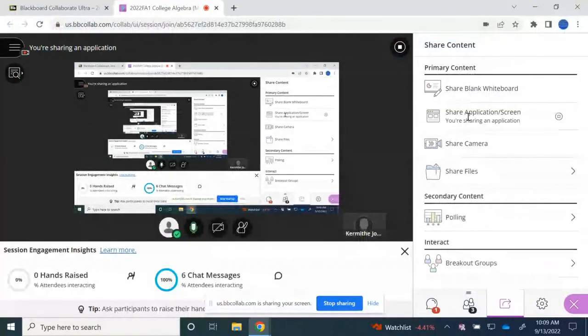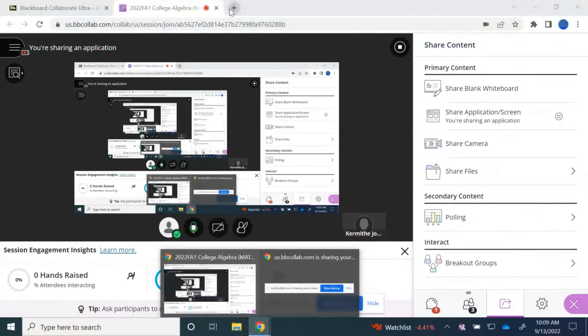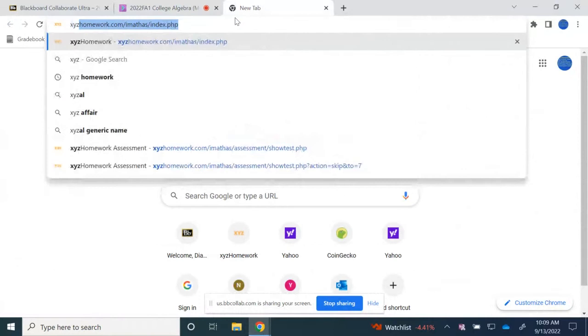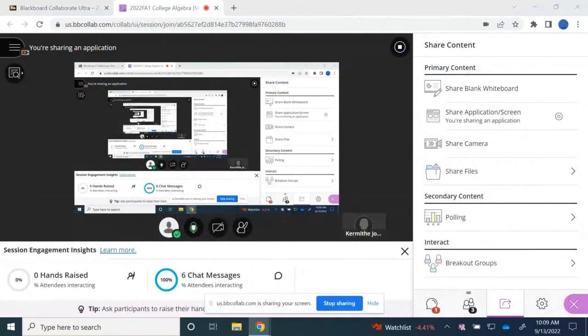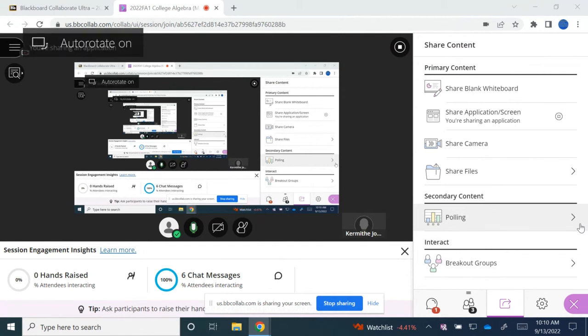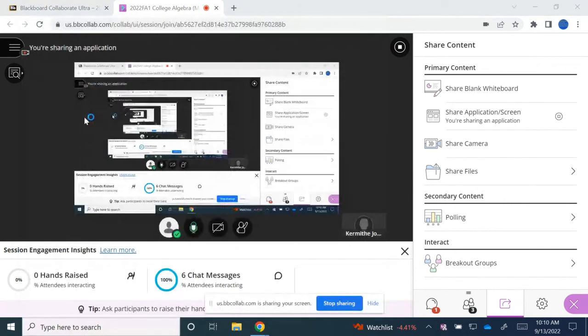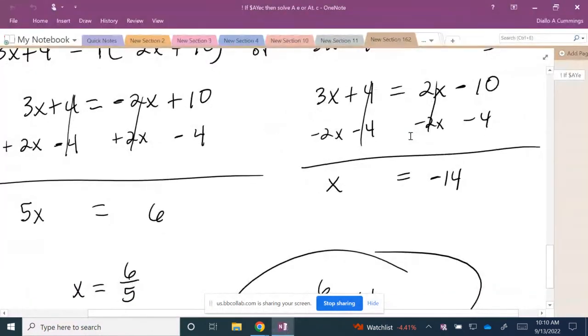Okay, give me 1 second, and I have to bring up all the windows again. Okay, here we are.